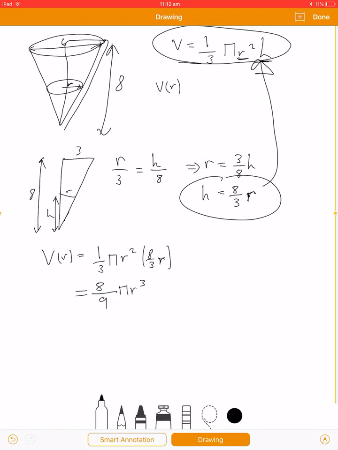Cool. The next part of the question asks us to find the rate at which the surface radius is changing at the distance when the water is 5 meters deep.